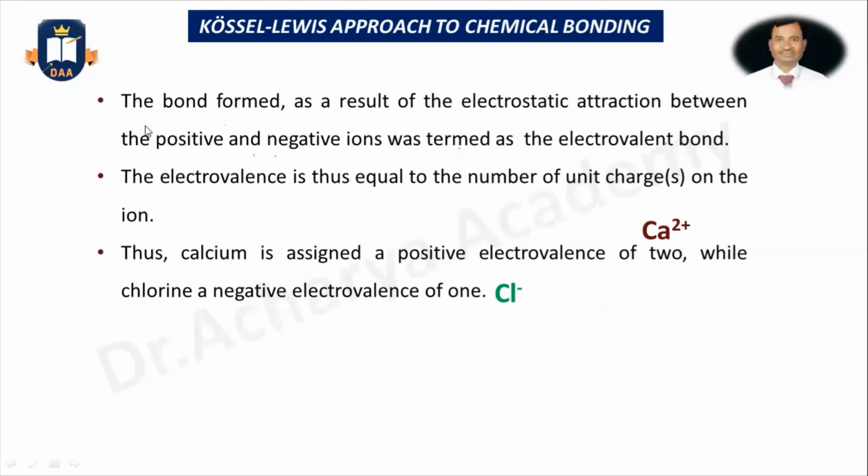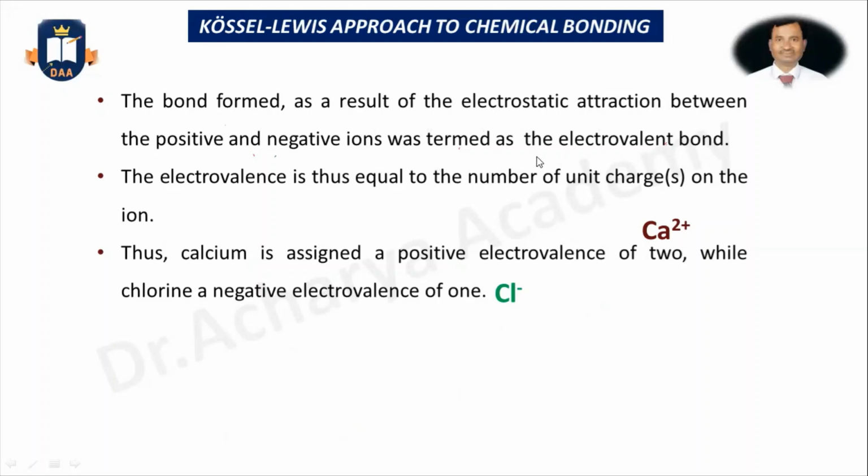So this bond, as per KÖSSEL, is especially mentioned to be a result of the electrostatic attraction between the positive and negative ions, and he termed it the electrovalent bond.